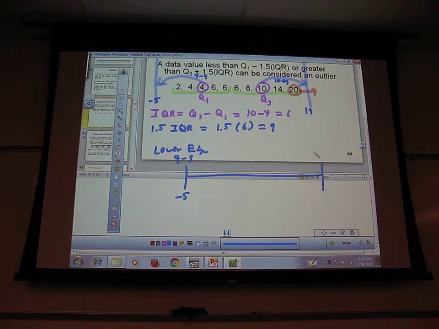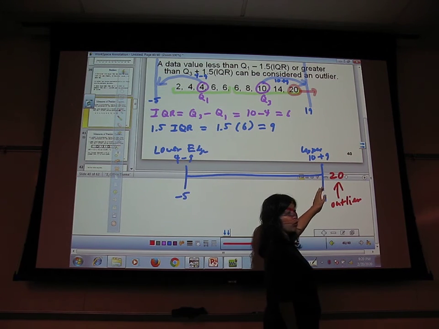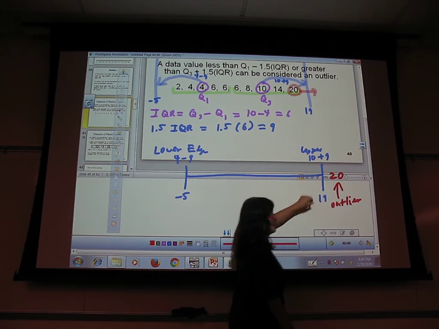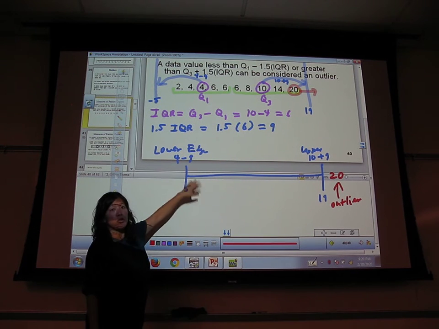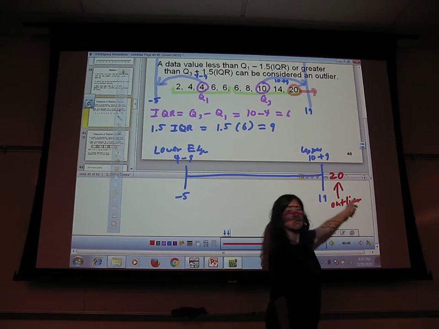And the upper edge is 10 plus 9, 19. And 20 falls on the outside of there, so it is an outlier. So all inside here, these guys are not outliers. They may be unusual, right? If you get over here, they may be unusual, but not necessarily an outlier. If you're really out there, then you're an outlier.